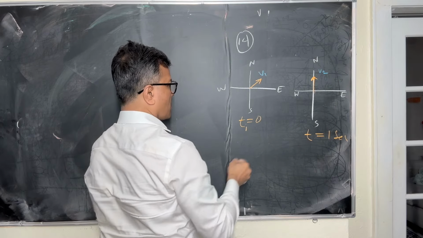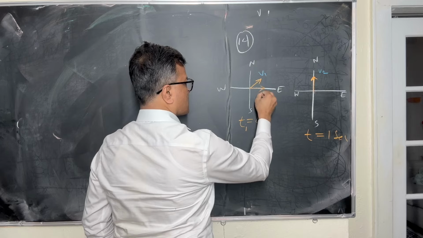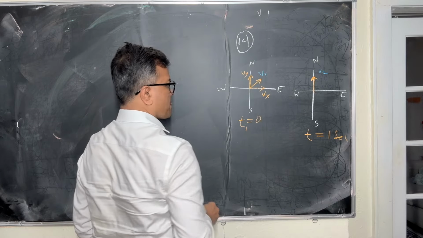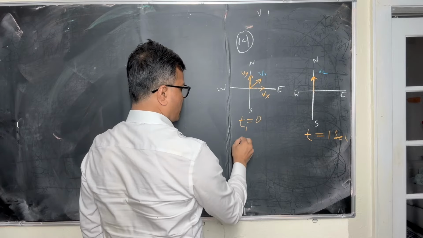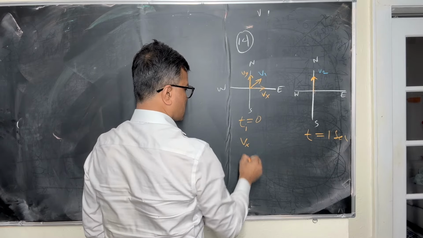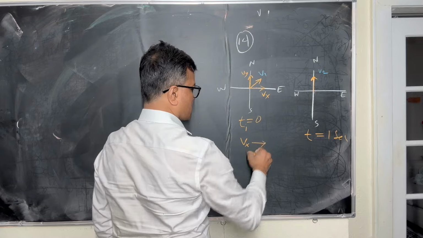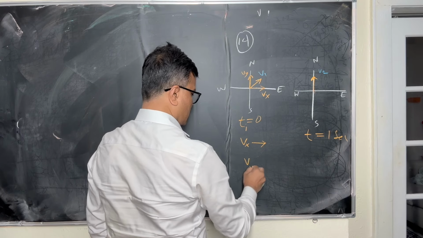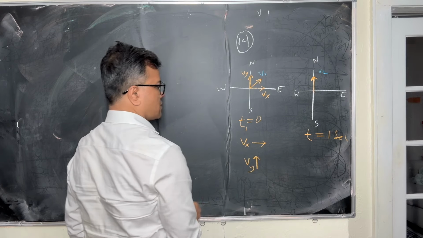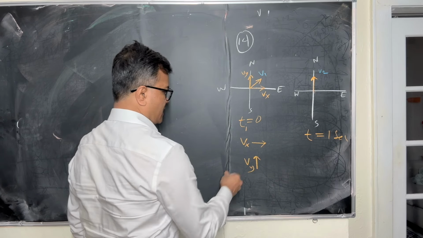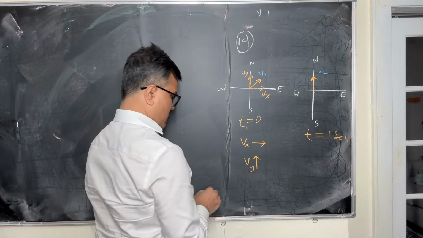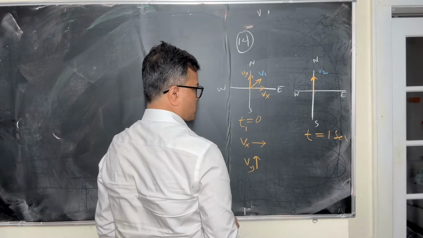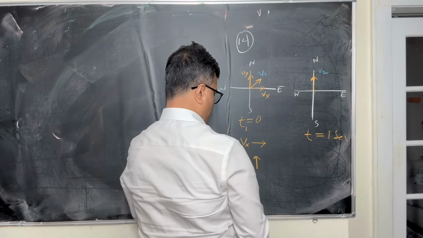This vector we're going to call v1, and this vector we're going to call v2. v1 has two components, vx and vy. Okay, so let's put it down. Vx is this, and vy is this. Together you have this. Now v2 doesn't have an x component.